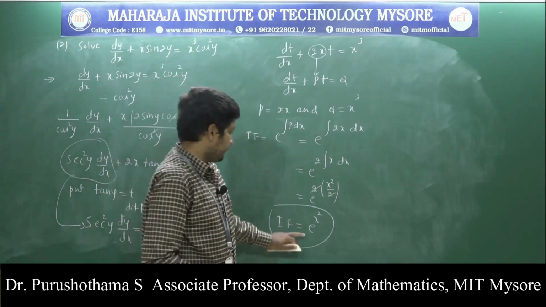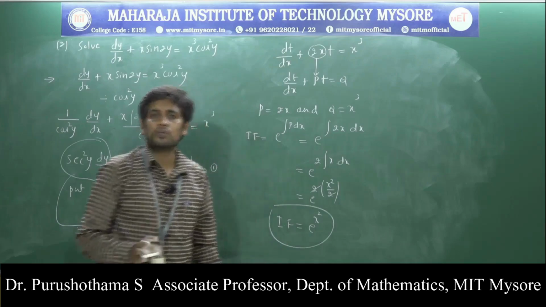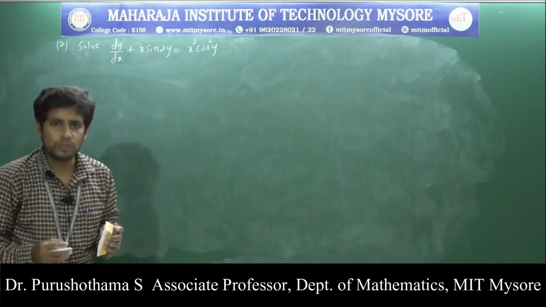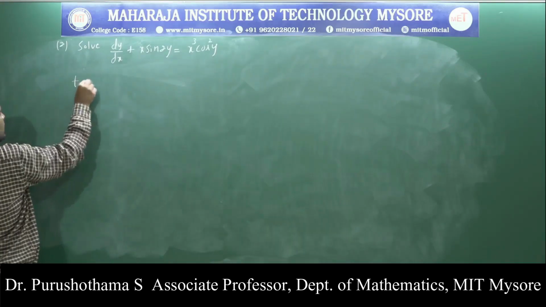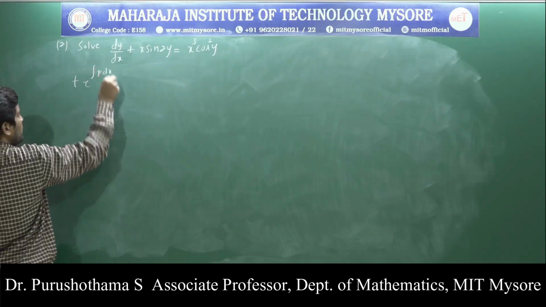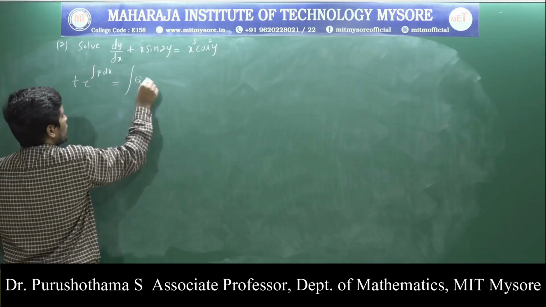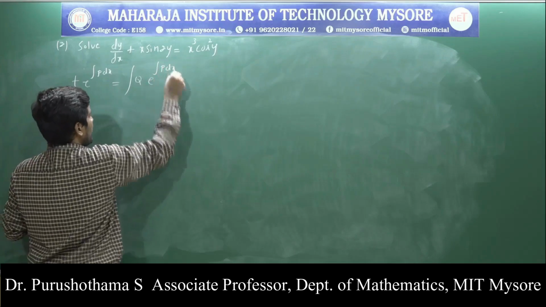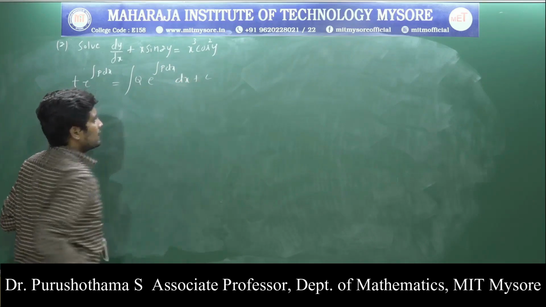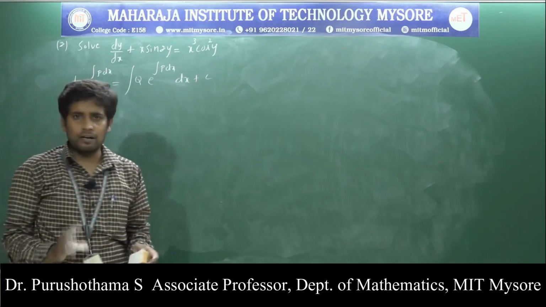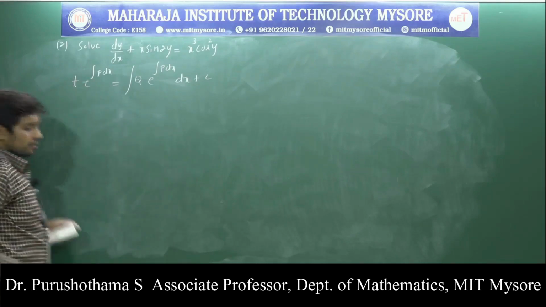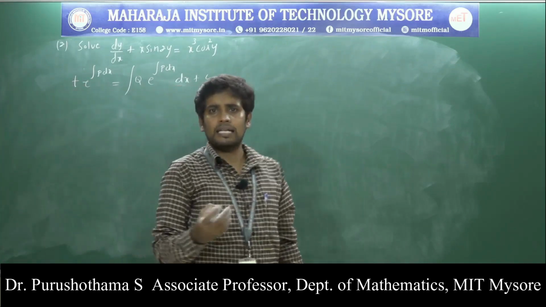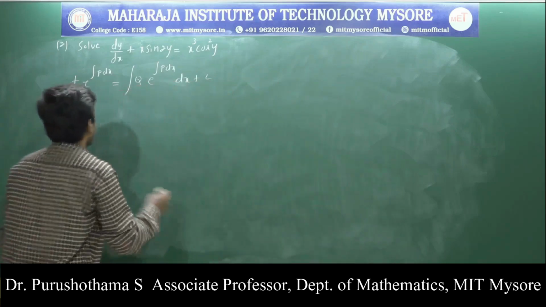Further, using the integrating factor value, find the solution of the linear equation. The solution is t into e power integral of p dx is equal to the integral of q into e power integral of p dx, with respect to x, plus c. C is an integral constant. Therefore replace t back with tan y.